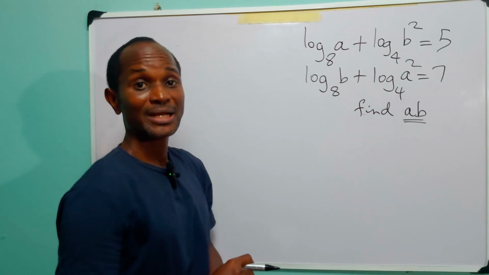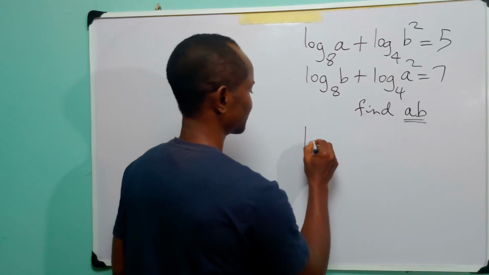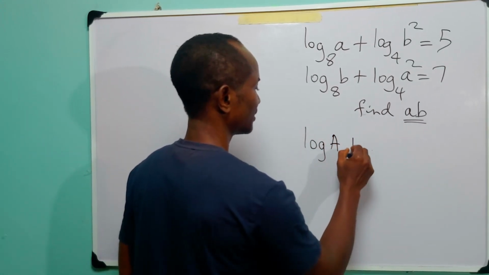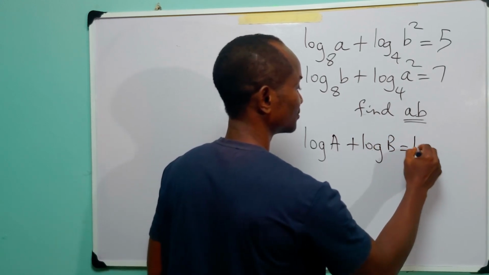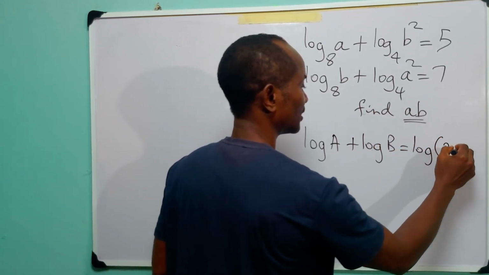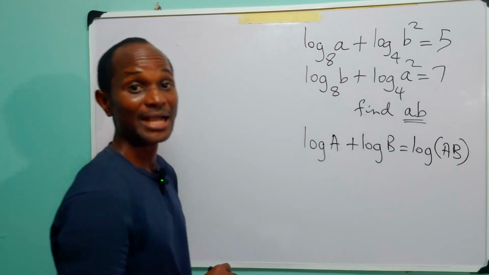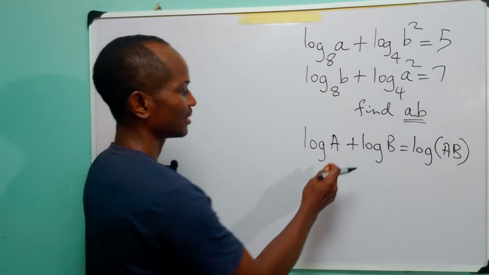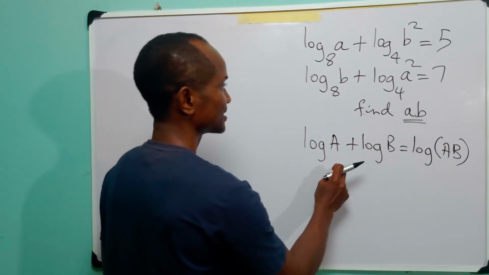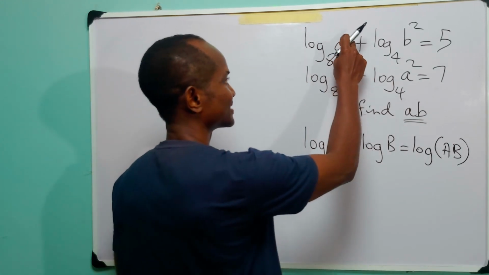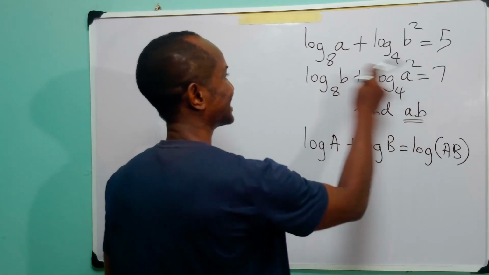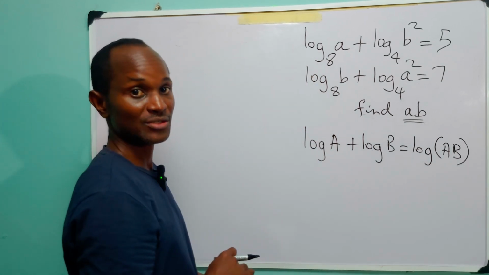First of all, let us remember the law of logarithm that says that log A plus log B is equal to log A multiplied by B. Now, seeing this and looking at these two equations, we know that we will get a term in AB by adding this equation to this equation.